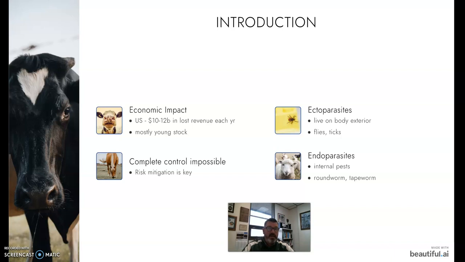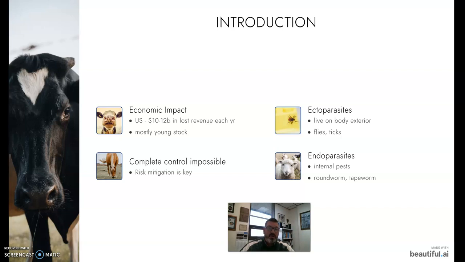There's really not a way to 100% eradicate its risk, and that almost doesn't matter what production system or species that you're talking about. You're going to deal with parasite risk in some form or fashion. So mitigation and understanding of the disease cycles and the risk factors is really what's crucial in managing this problem.